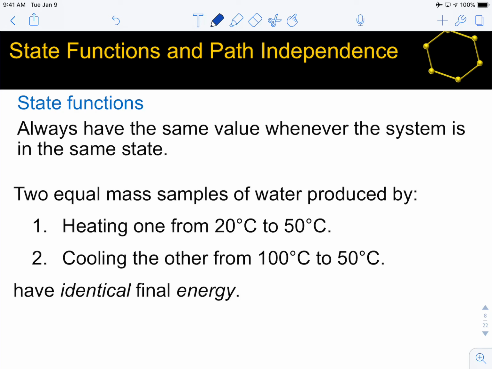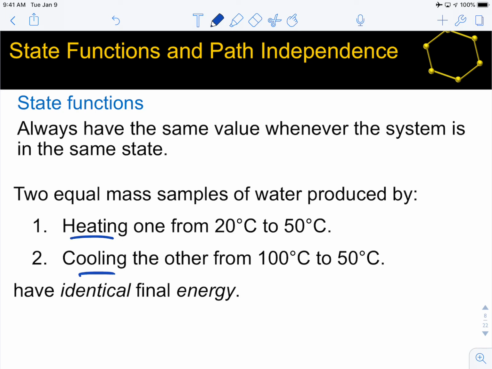That should be somewhat obvious: if I have a pot of water at 50 degrees C and it's the same amount of water, it doesn't matter if I heated water to go from 20 to 50 or I cooled water to go from 100 to 50. All we care about is the final state, and that's going to be identical. So it's independent of path, is what a state function means. And we'll elaborate on that later.